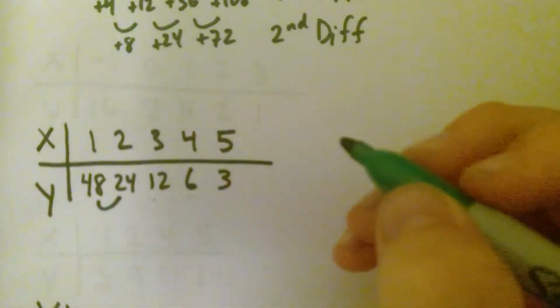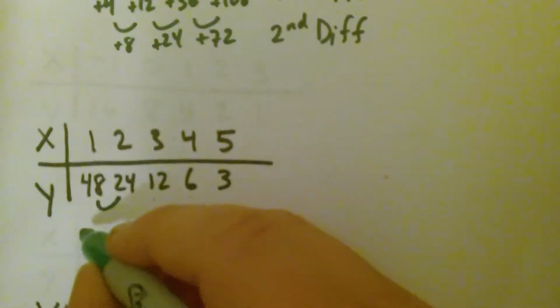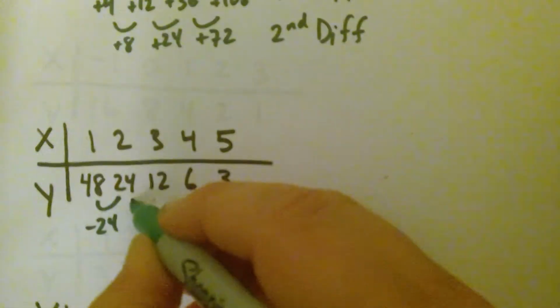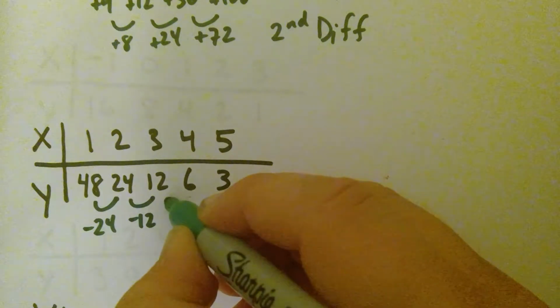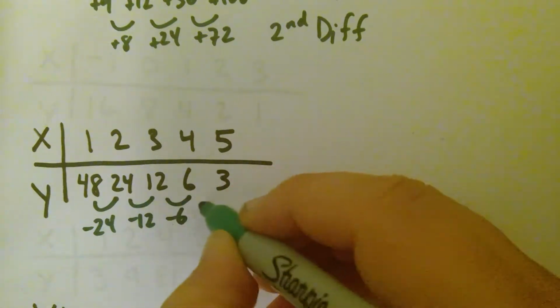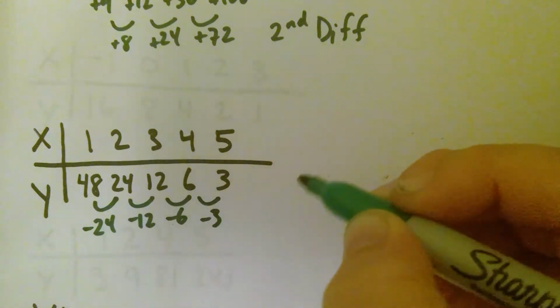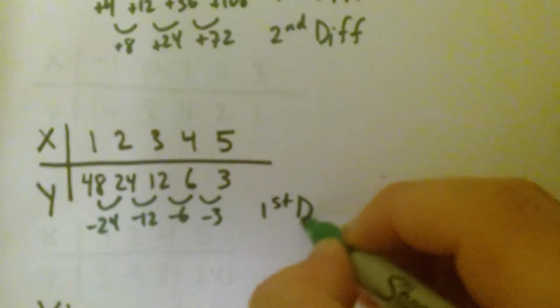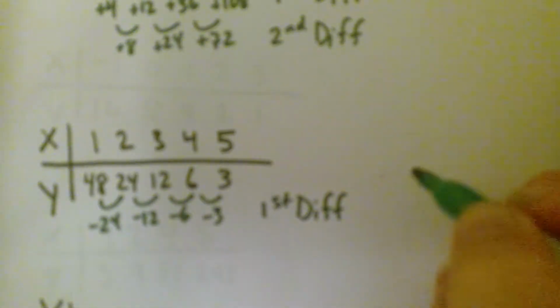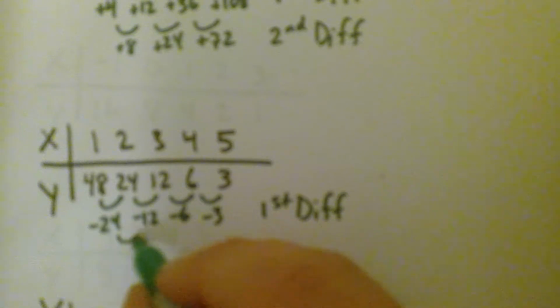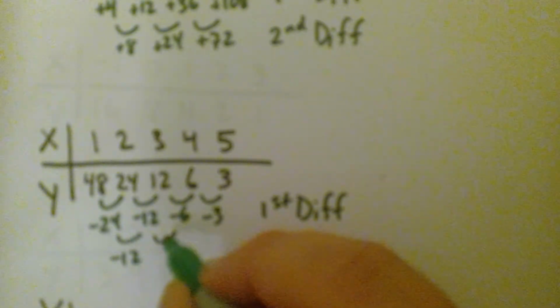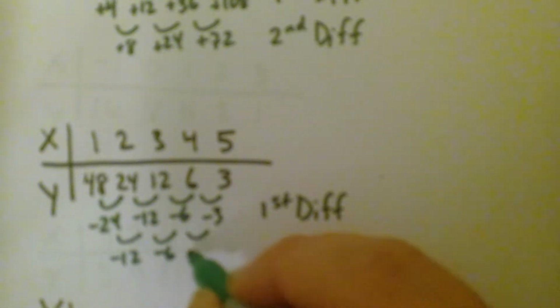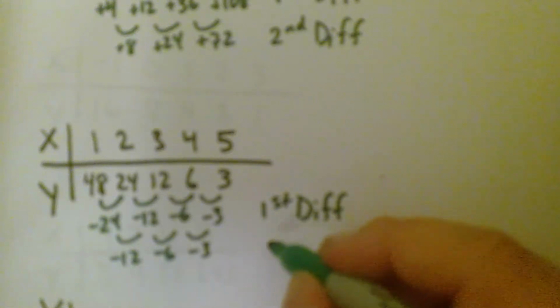Our difference here, in this case, is negative. So minus 24, minus 12, minus 6, minus 3. That's our first difference. And then we have minus 12, minus 6, minus 3.